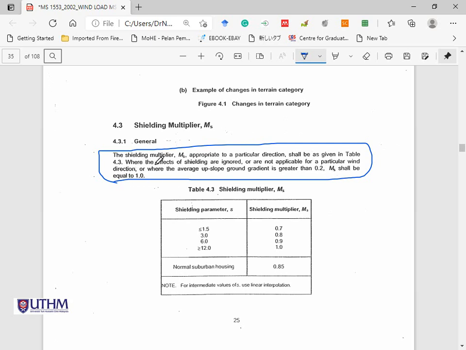So where there is a shielding effect we ignore it, or if there is no information, we just take it equal to 1. So this is table 4.3. The shielding parameter here is S, and M is the multiplier, so MS.